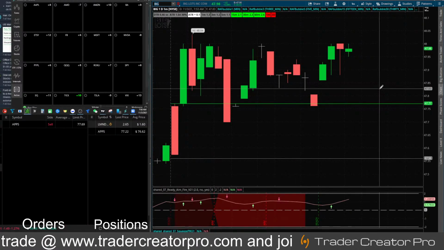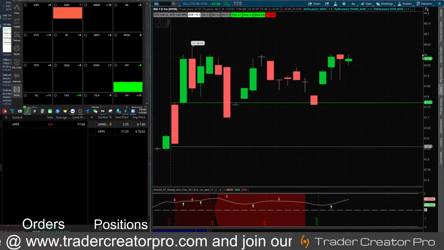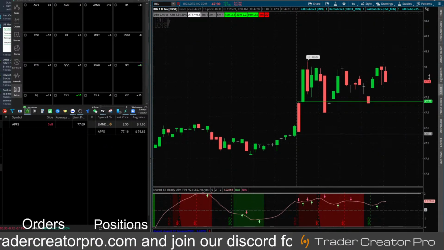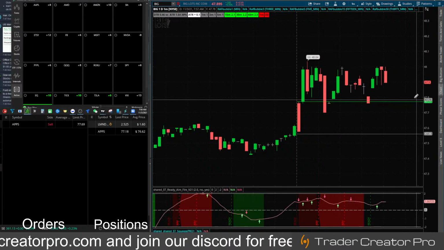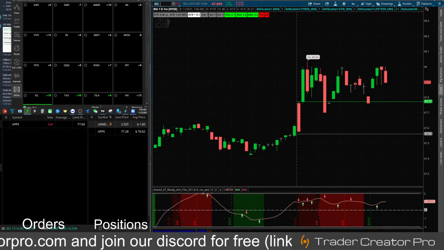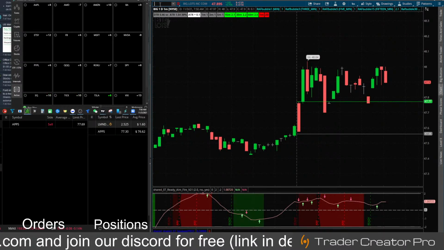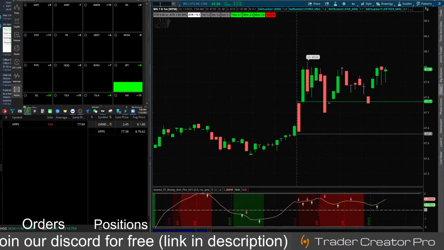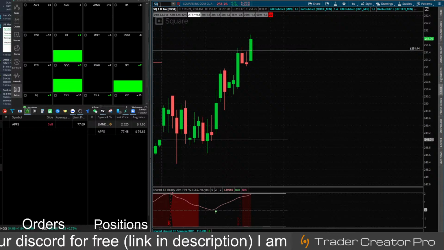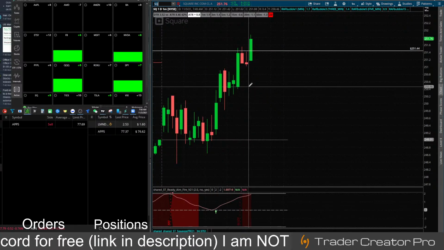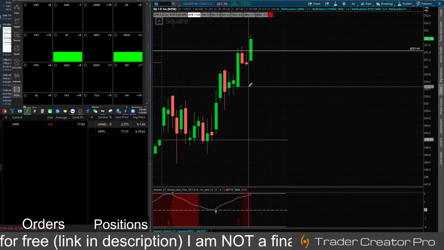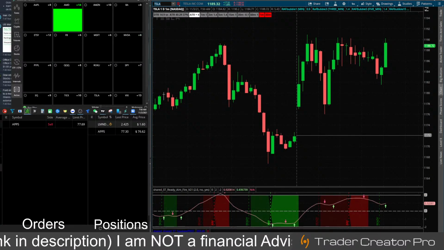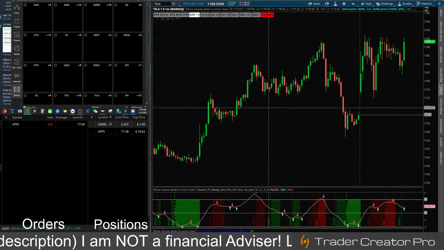Got my exit order on APPS at 77.59. Tesla pushing again. Tesla's got a nice little 1 minute squeeze going on here. It could definitely break out.